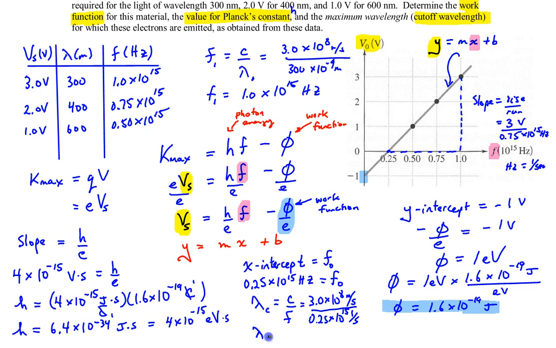I get a cutoff wavelength of 1.2 times 10 to the power of negative 6 meters. Or if you want to put this into nanometers, you can multiply by 1 times 10 to the power of 9 nanometers in 1 meter. And this will be a cutoff wavelength of 1200 nanometers. Okay, and that's it for this example.